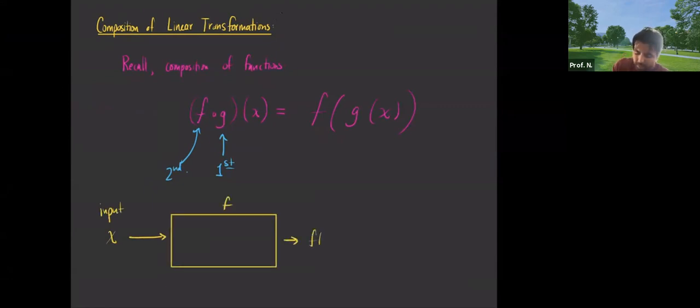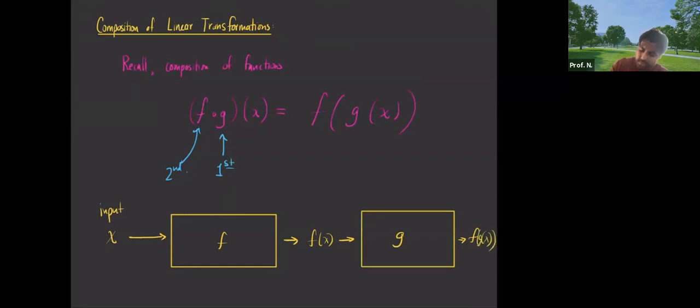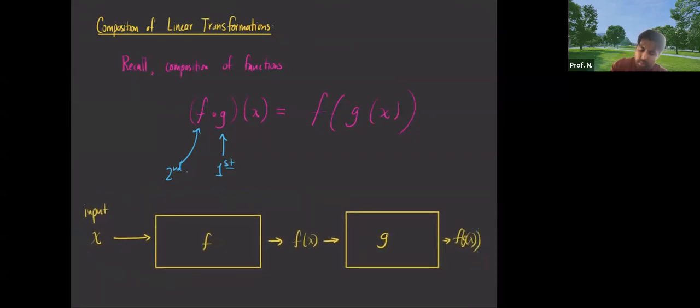The result is G of X, and I'm plugging this into another function called F, right? So this is G, this is F, and the result is F of G of X. And this is the output. So that's the idea behind composition of functions.